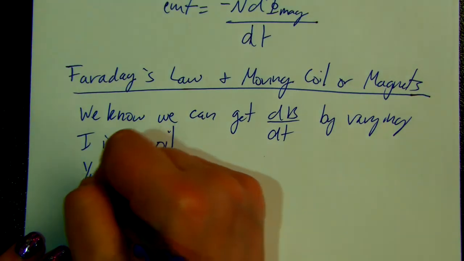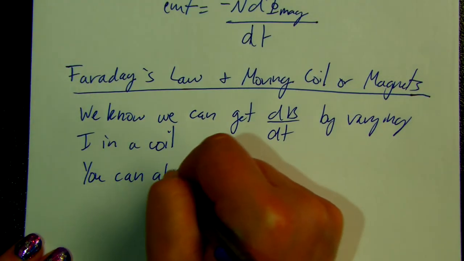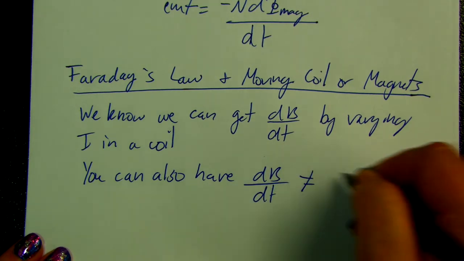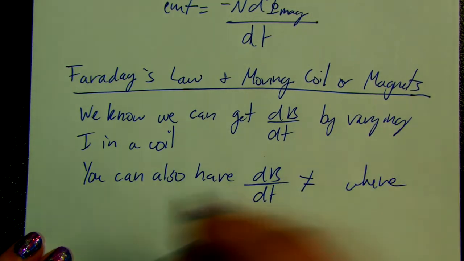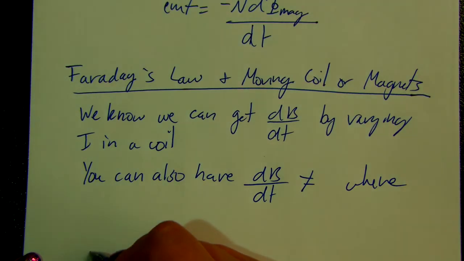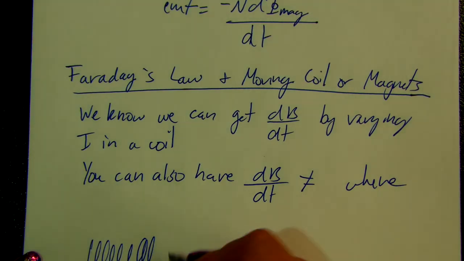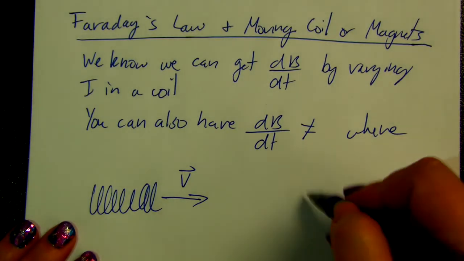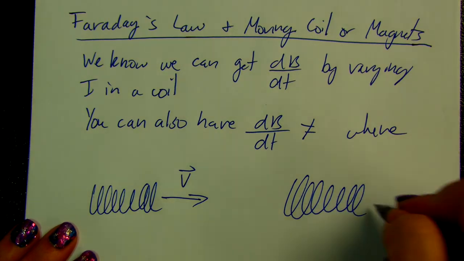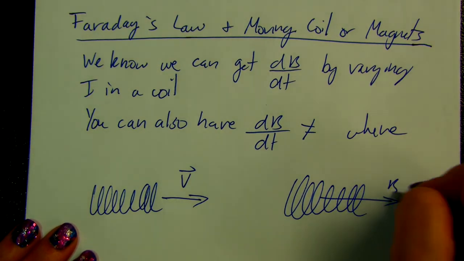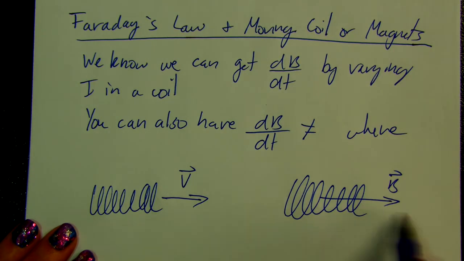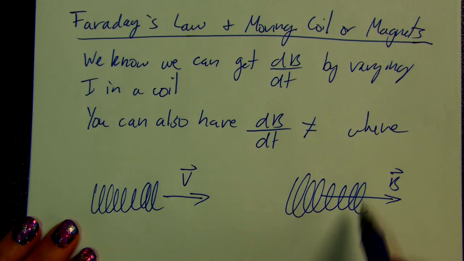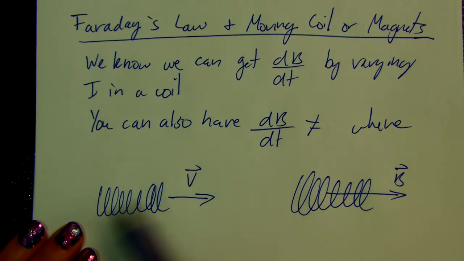You can also have a time-varying magnetic field where, let's say you had a coil of wire with a magnetic field that is moving towards this. So, this is the coil of wire with the magnetic field, and this wire is moving towards it.